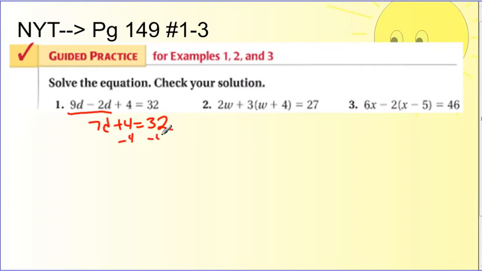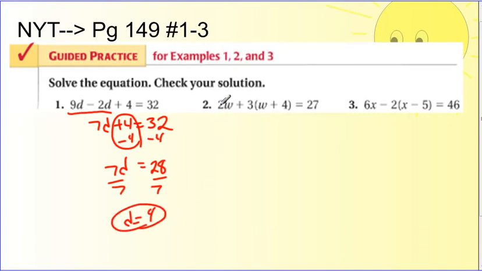Minus 4 cancels, 7d equals 32 minus 4 is 28. Divide by 7, d equals 4. Number 2, we do have parentheses, so I distribute here. We get 3w plus 12 equals 27, and 2w, it's a positive.